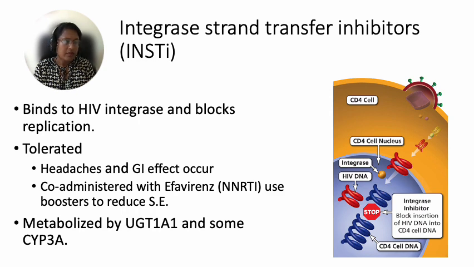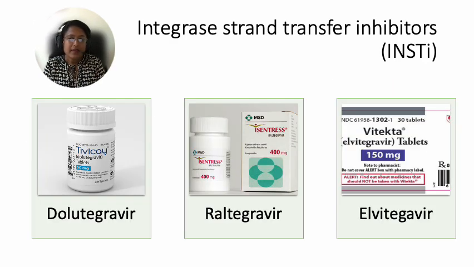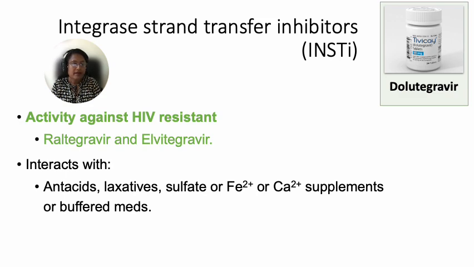It's in co-administration with efavirenz. Use a booster such as ritonavir to reduce side effects. It's metabolized by glucuronidation as well as cytochrome 3A. These agents are quite similar and unique.